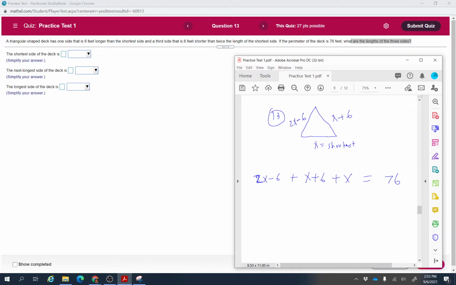Let's simplify for x. 2x plus x is 4x. The negative 6 and positive 6 are gone. So this is 76. You just divide both sides by 4. x is 19. So by using this value of x, we can find out the shortest side, which is 19 meters.